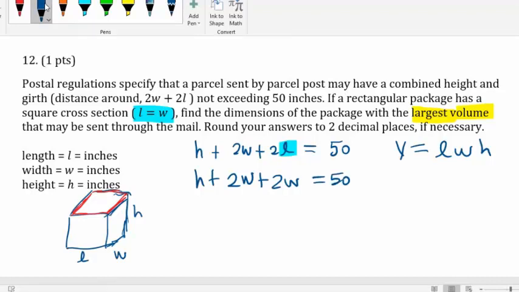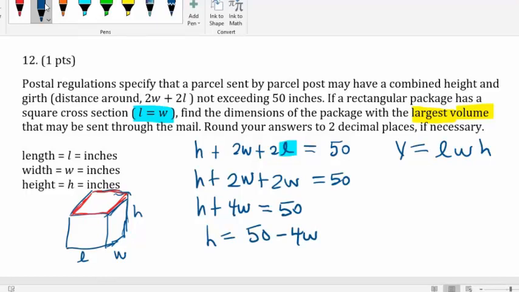And combine, so that's 4W, so H plus 4W is equal to 50. H is equal to 50 minus 4W if I isolate H.